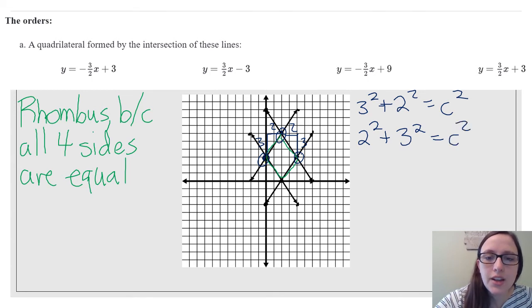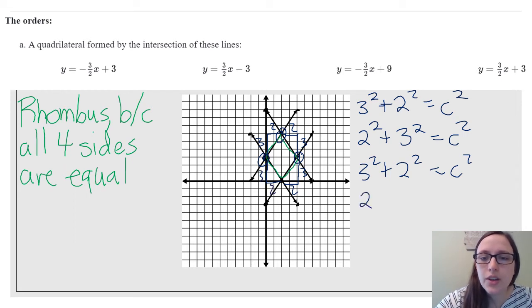If you notice, they all have the same base and height of that right triangle slope. So again, this would be 3 squared plus 2 squared equals c squared, and then again over 2 up 3, so 2 squared plus 3 squared to find the hypotenuse squared. So we know that all sides are going to be congruent.